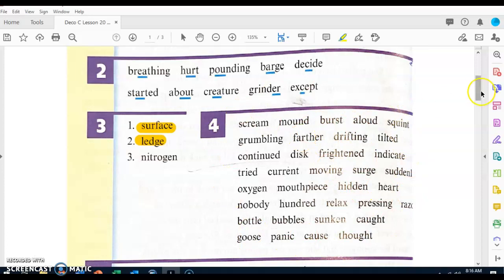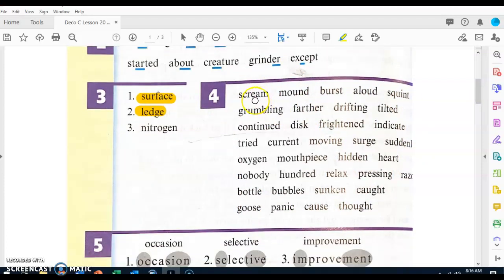Everybody should be looking at part number 4, boys and girls. First word. What word? Scream. Next word. What word? Mound. Next word. What word? Burst. Next word. What word? Aloud.